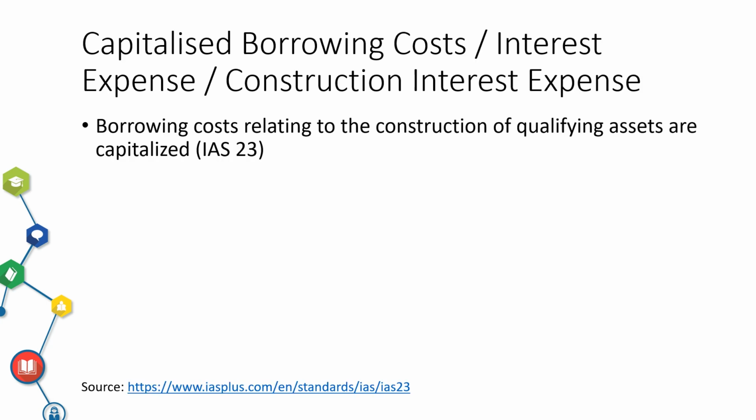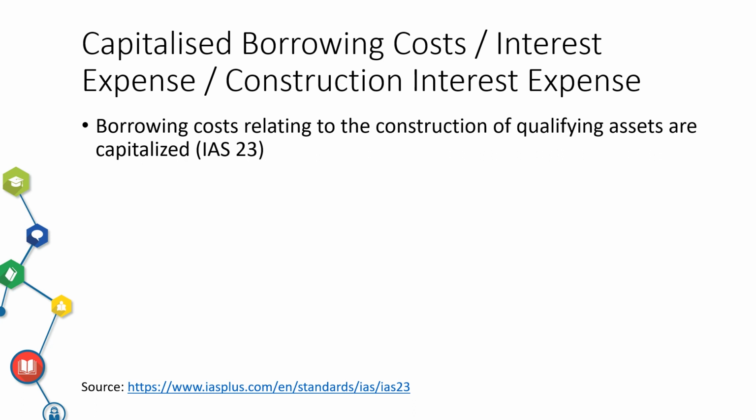I would like to introduce capitalized borrowing cost, also known as capitalized interest expense, or construction interest expense. This is one type of financial cost that is less commonly known by retail investors. Then I will discuss how the capitalized interest distorts interest coverage ratio.